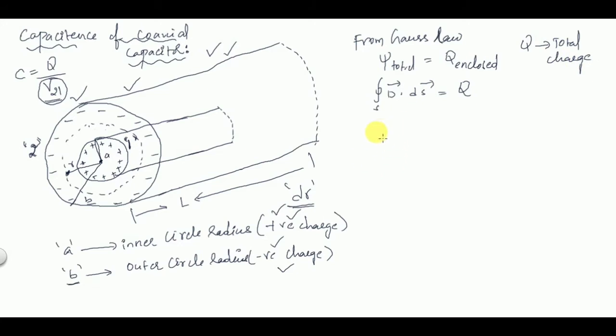What is D bar? D bar is equal to epsilon naught E bar.